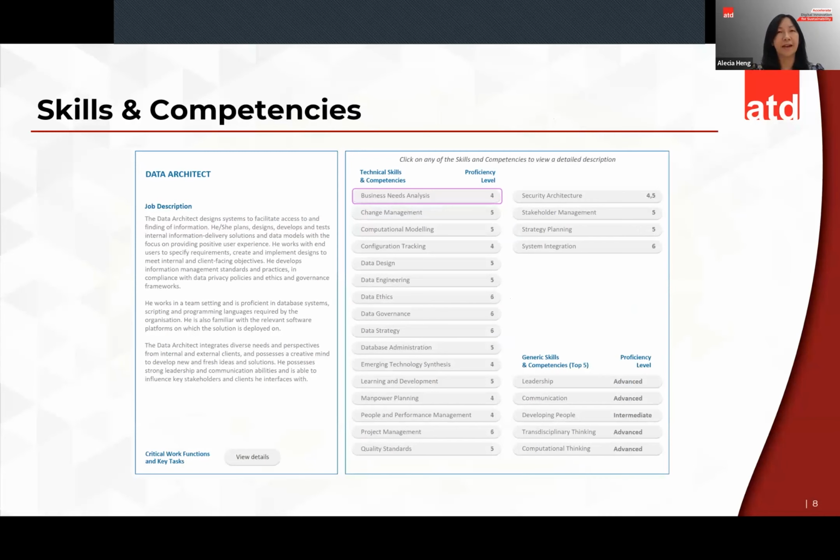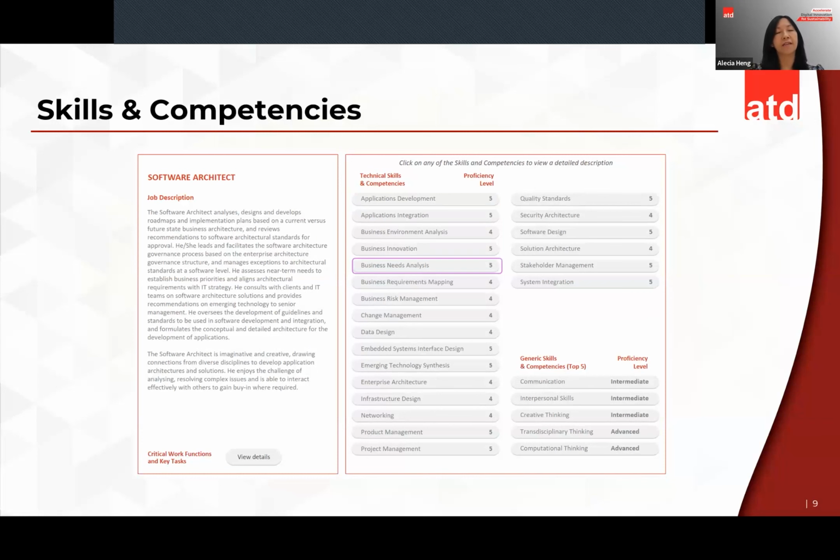But of course, besides being an architect, if you are a business analyst or data analyst, you will also see that one of the competencies is business need analysis, but probably at a different level, right? As a data architect, you need to have this skill set. As a software architect, business need analysis will also be one of them.